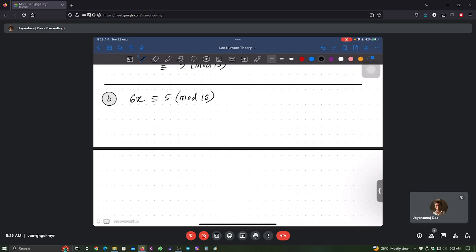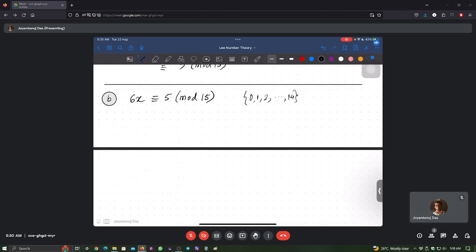The GCD is not 1, so directly by the Euclidean algorithm it does not have a solution, but you can verify. Modulo 15, we can check 0, 1, 2 up to 14 individually, whether any of them works.